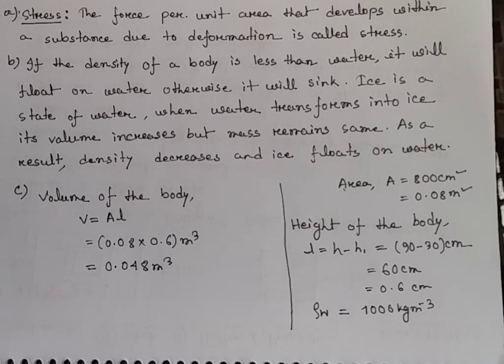For the volume of the body, the equation is V equals A L, where A is the area of the body and L is the height of the body that is immersed in water.